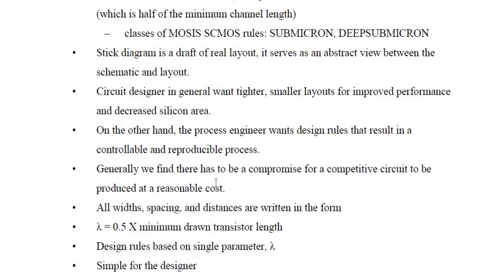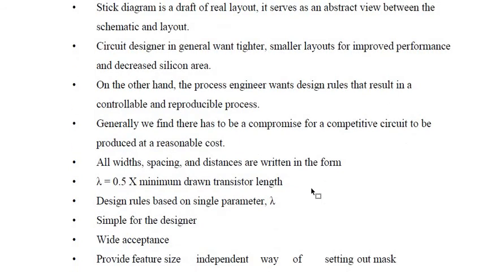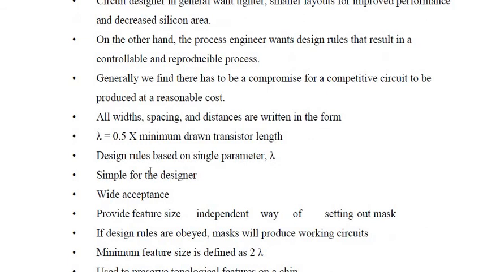Generally, there has to be a compromise for a competitive circuit to be produced at a reasonable cost, and the cost should not be too high. They are all given with the value of lambda, with design rules in a single parameter lambda. As already said, lambda-based design rules are very simple to design and widely accepted.